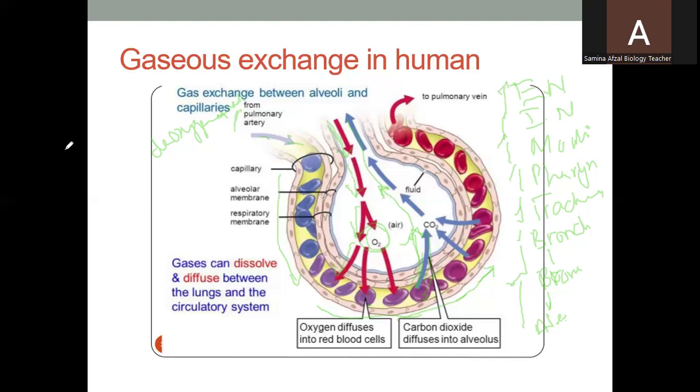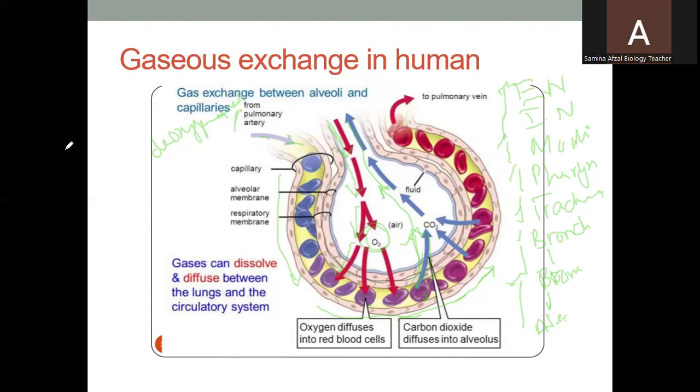So in this way, in the alveolus, the exchange of gases takes place due to the concentration difference. Due to the concentration gradient of these gases, the gases have moved from their higher concentration towards the lower concentration. That is, the oxygen was coming from outside by the process of inhalation.